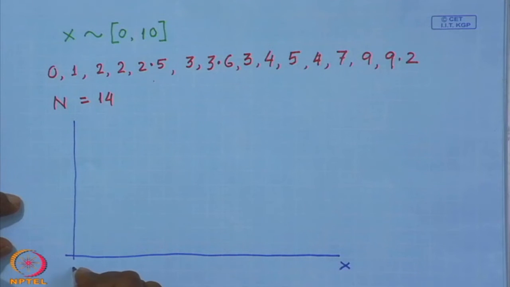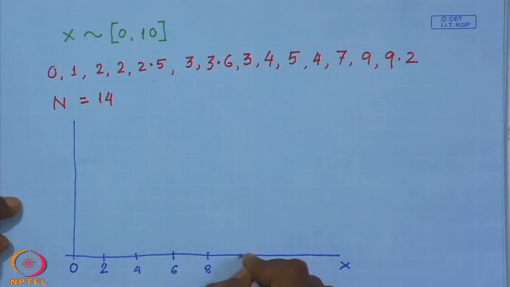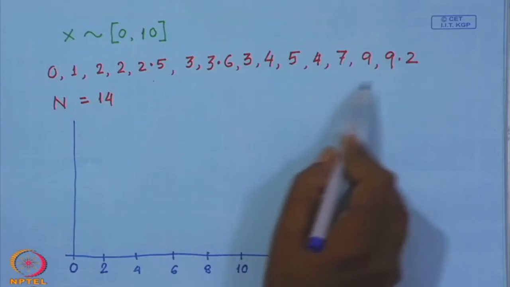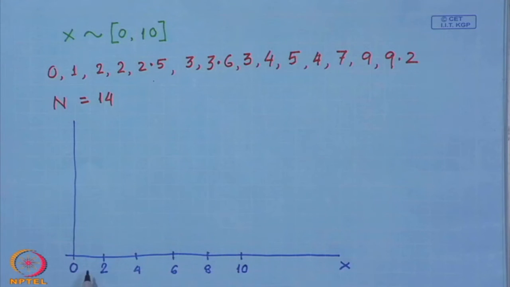So, this x will have a minimum value of 0 and maximum value of 10, and I am having cells of width 2. So, the cell boundaries will be 0, 2, 4, 6, 8 and 10. So, these are the cell boundaries that I have. And now, I have to find out which of these samples falls in which of these bins.